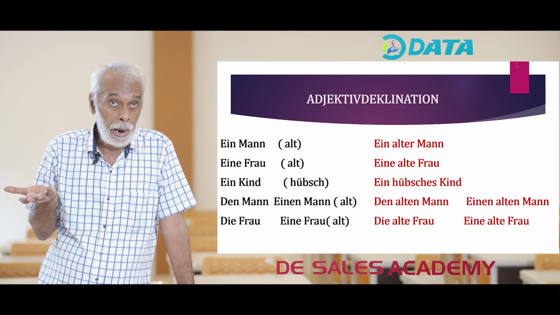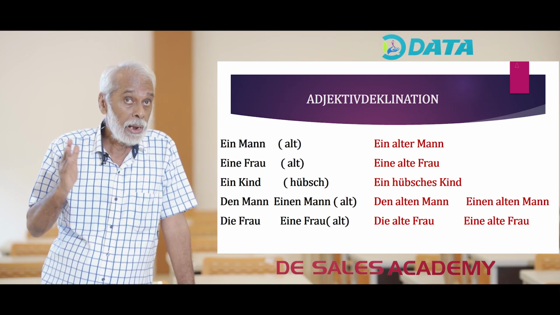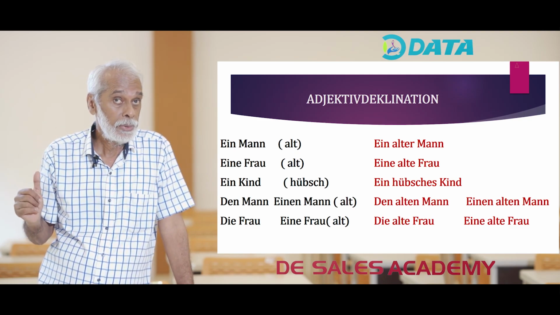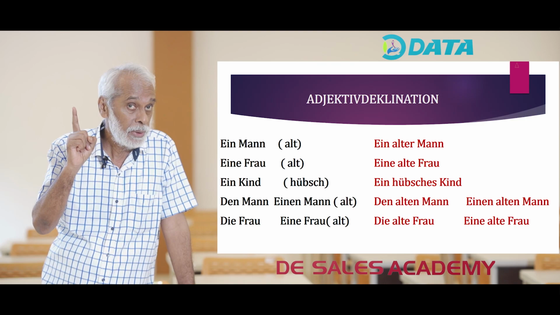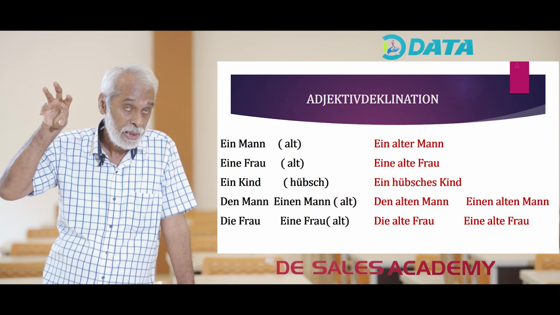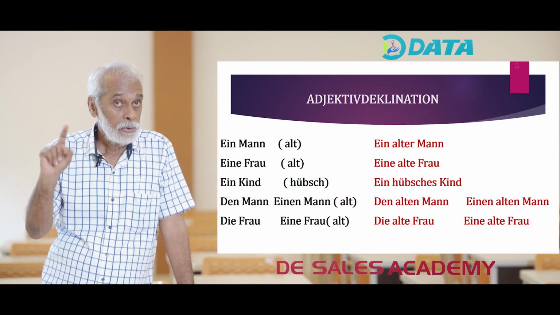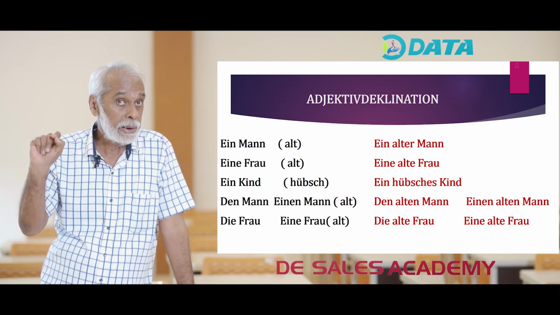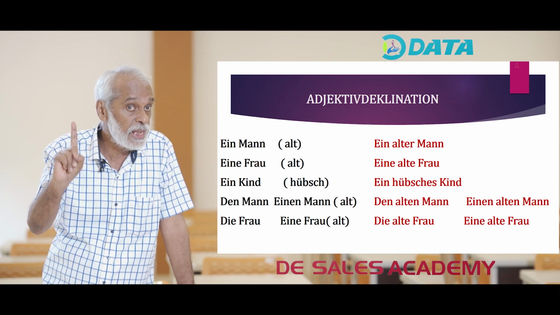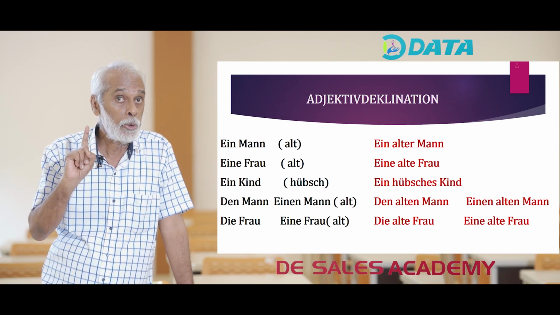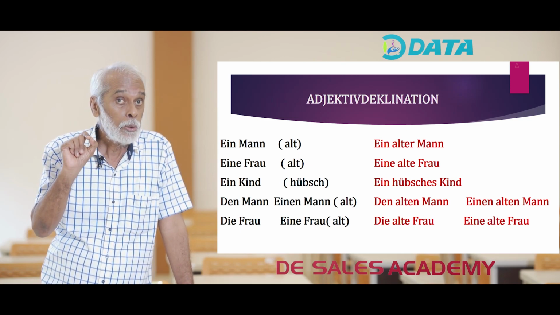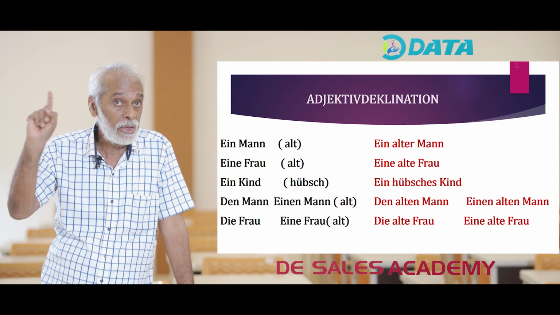When it comes to ein, it is ein alter Mann, because it is der Mann. That's why they have shown it as alter. It is die Frau, so it is eine alte. Alter reminds you of der. And ein hübsches Kind, hübsches S reminds you of das Kind.